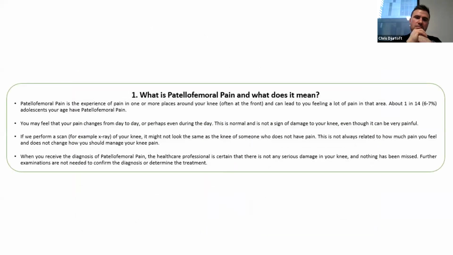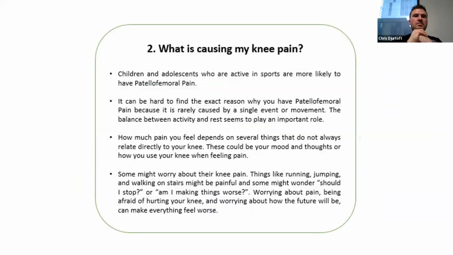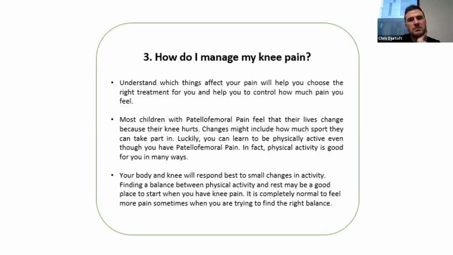Box number 2 was focused on providing some information about what can cause this pain, what different contributors are in the pain experience, to create some recognition for these children when they read it. And finally, the third box is general advice on how to manage knee pain, besides any possible treatment initiatives that they will see.